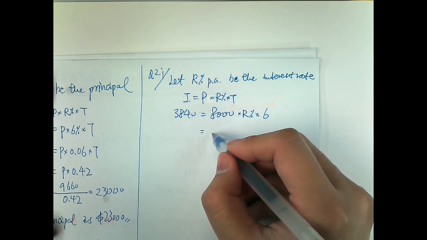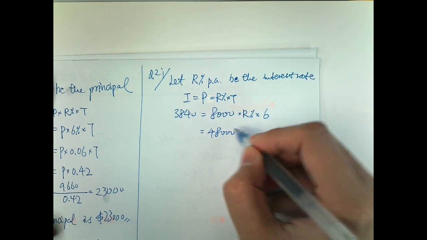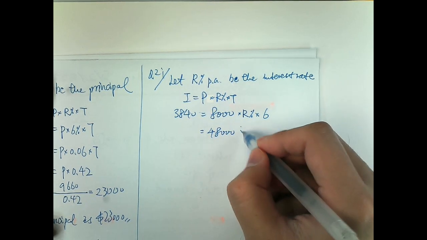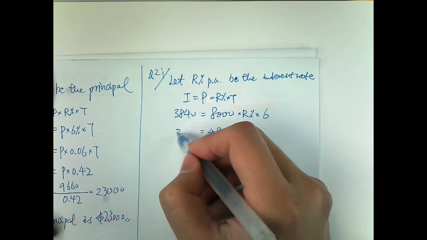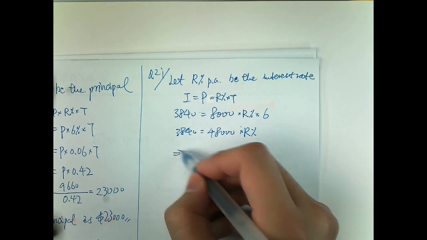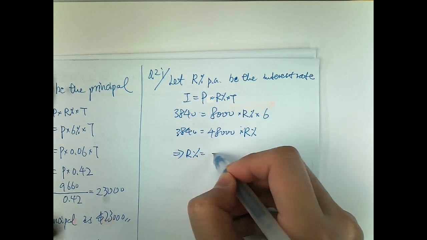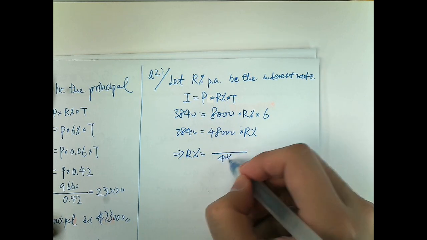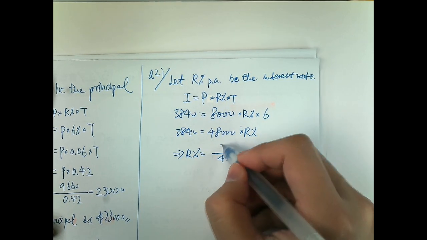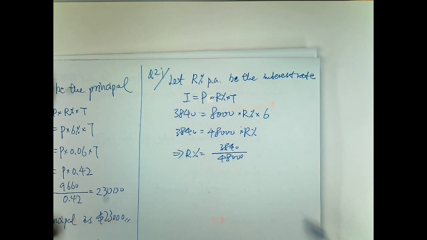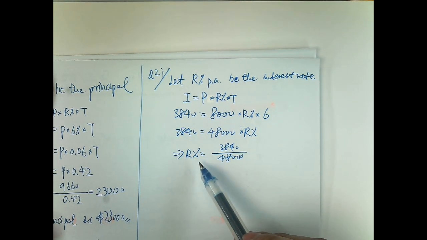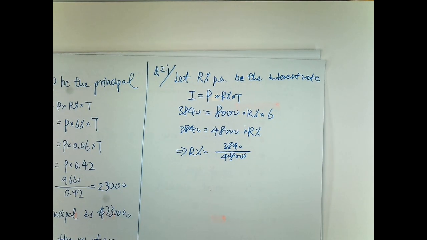This should be 48,000. Okay, so divide both sides. Because here is a percentage, you go to your calculator.